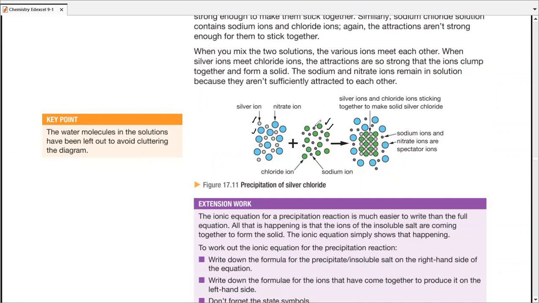The big ions of this one are combining with the smaller ions from this side, and the bigger ions from this side are combining with the smaller ones of the other, and that's what is happening. Now, out of these ones, they have drawn the specific precipitate in such a way that you would easily know this belongs to a solid.